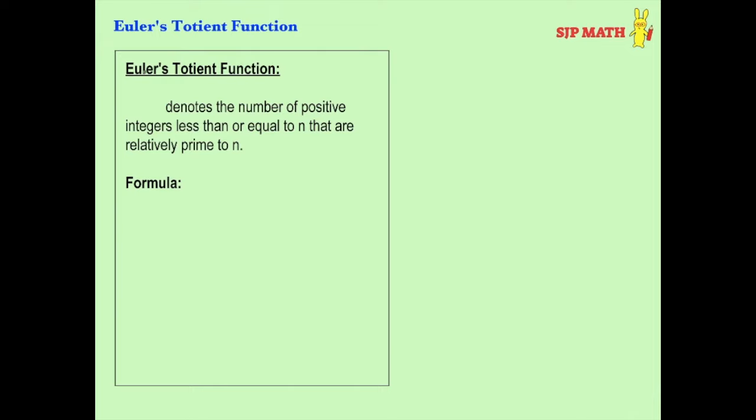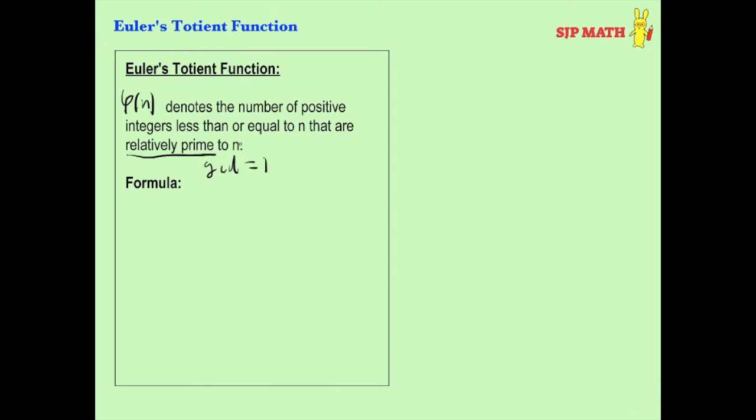So Euler's totient function is written as phi n. This denotes the number of positive integers less than or equal to n that are relatively prime to n. If you don't know what relatively prime means, it means that the GCD of the number and another number is equal to 1.